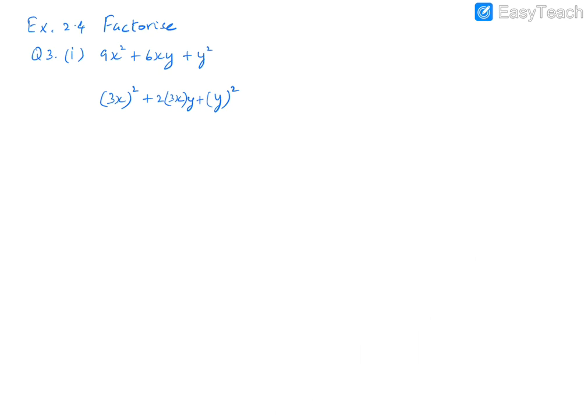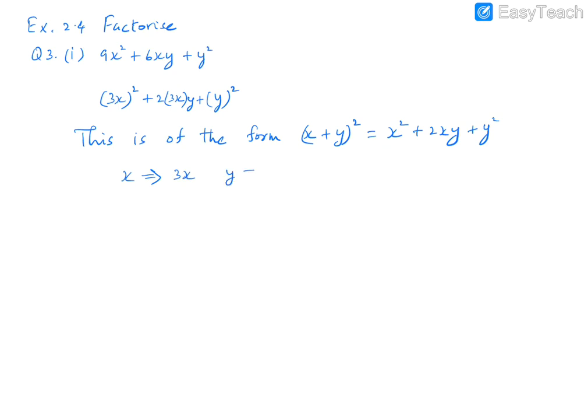Okay, so now this is of the form x plus y the whole square, which is x square plus 2xy plus y square. The only difference now is in place of x we have 3x, and in place of y we have y itself.